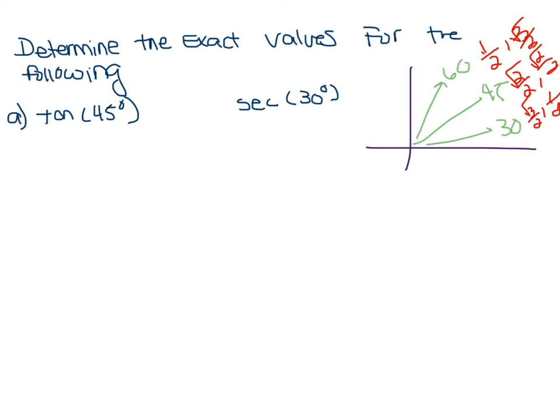So now for secant 30 degrees, well, we know that secant is equivalent to 1 over cos 30 degrees. So all I need to do is plug in my exact value for cos 30, which is root 3 over 2.